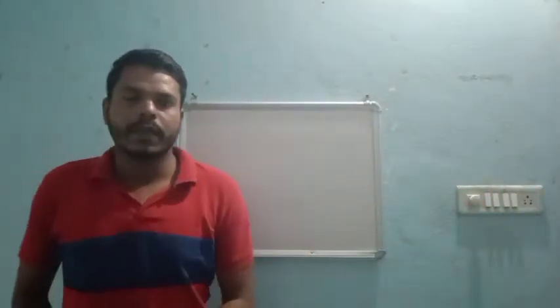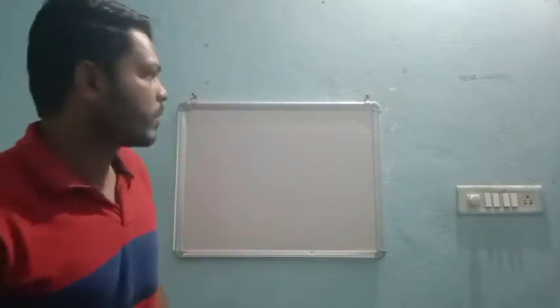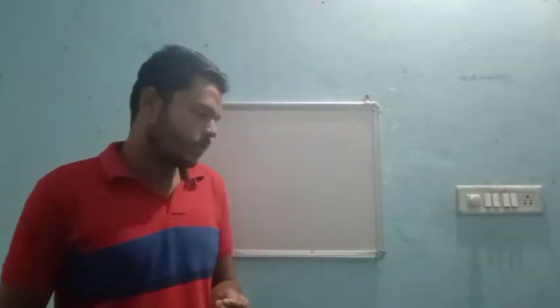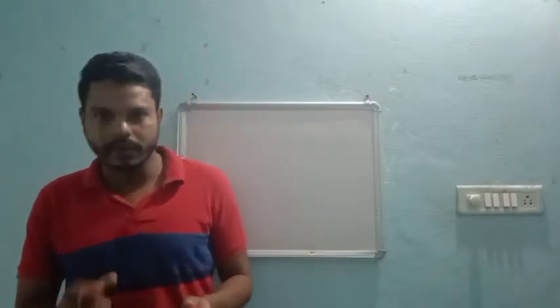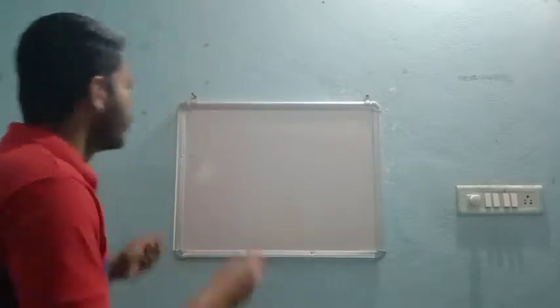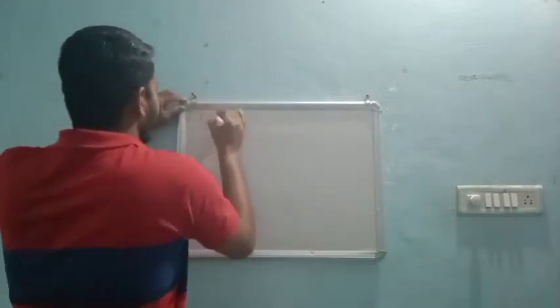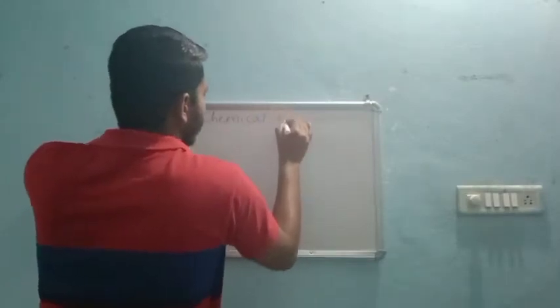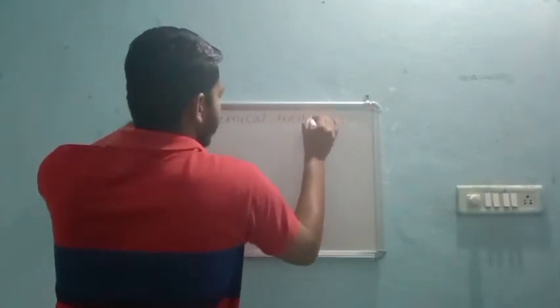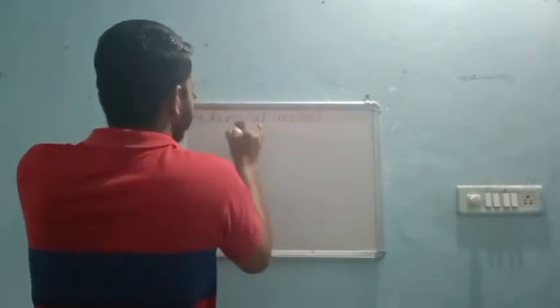So, during the last class, we discussed the physical method of matter, how matter is classified based on the physical method. And in this class, we will start the chemical method, right? The chemical method is further divided into two types.